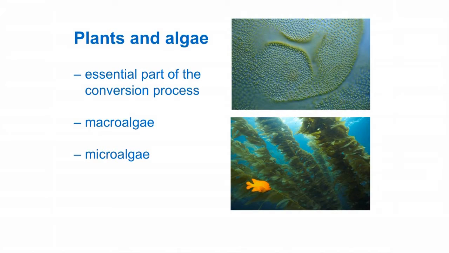Okay, moving on. Let's take a closer look at the plants and algae involved in this process. Plants include, for example, seagrasses, but algae are also a major part of the process. Now, you might think of algae as being quite small, like in the picture here, but in fact, seaweeds are algae too, not plants, and they're known as macroalgae.